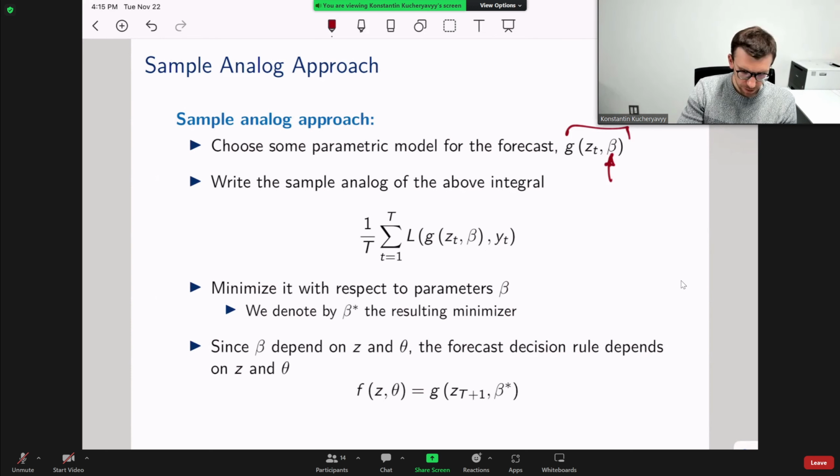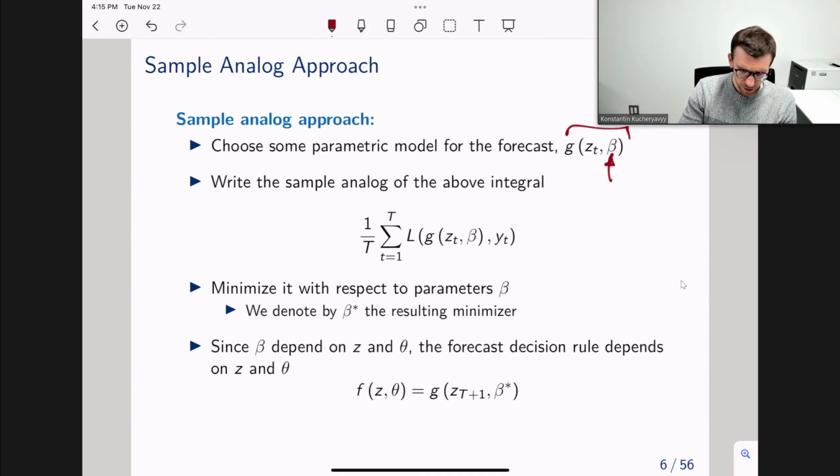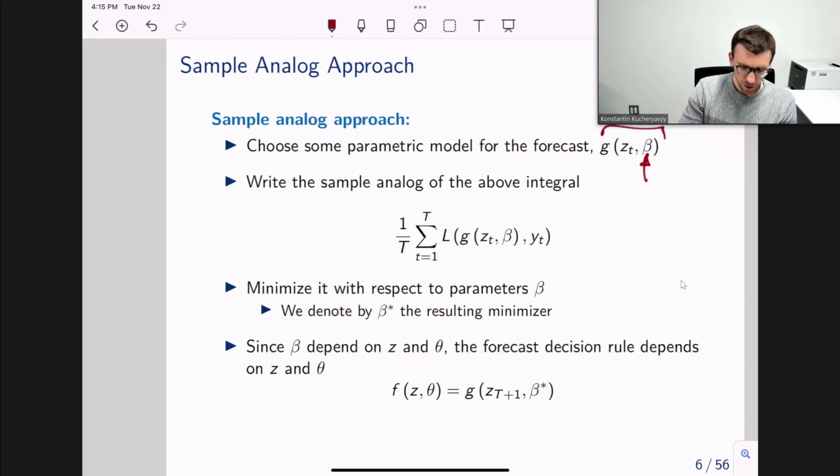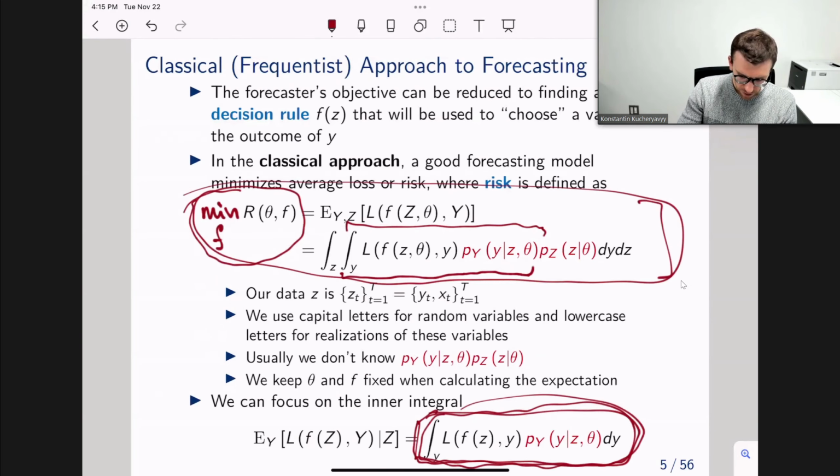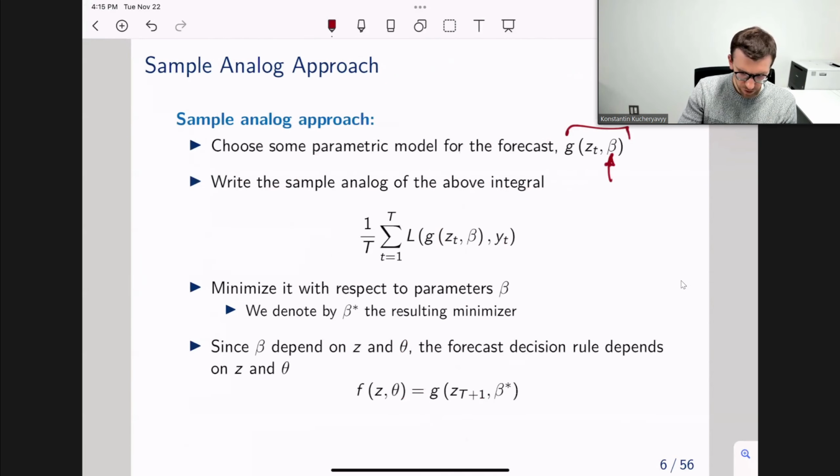And then we write the sample analog of the above integral, which means if this is an integral, then the sample analog of this integral is the sum, the average loss function across the observations. Then we minimize this object with respect to parameters beta, and the resulting minimizer is beta star.